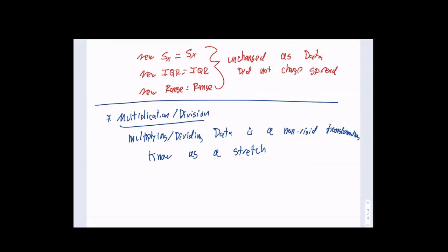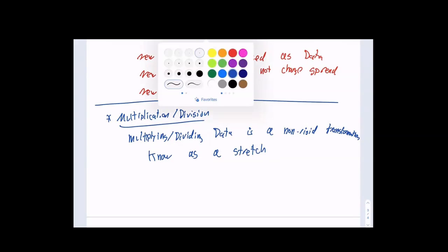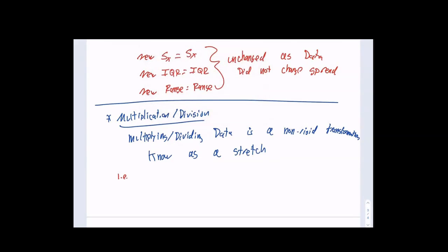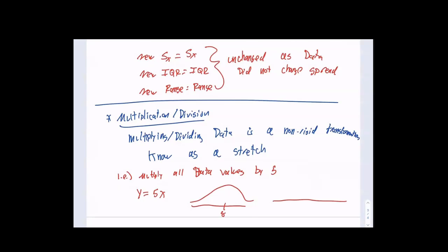So for example, if I were to multiply all data values by 5, y equals 5x, then if this is centered at 8, it will now be centered at 40.